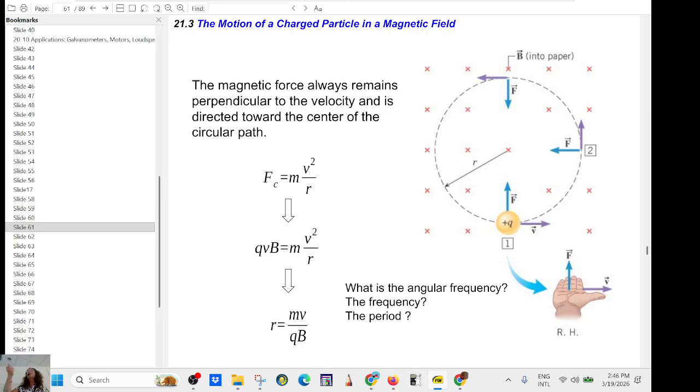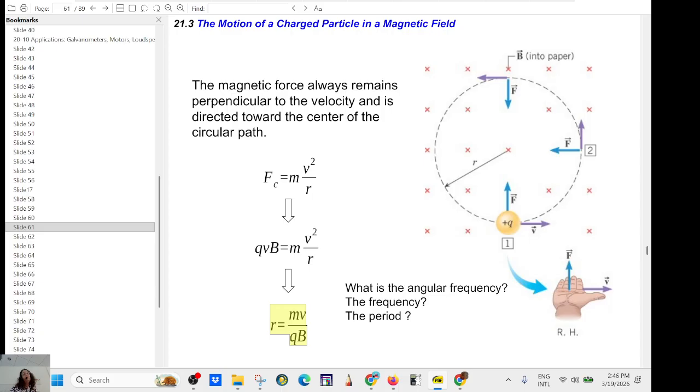If you increase the magnetic field, you increase the steering. If you increase the charge, same thing. The radius will be smaller and it's going to be a sharp turn.